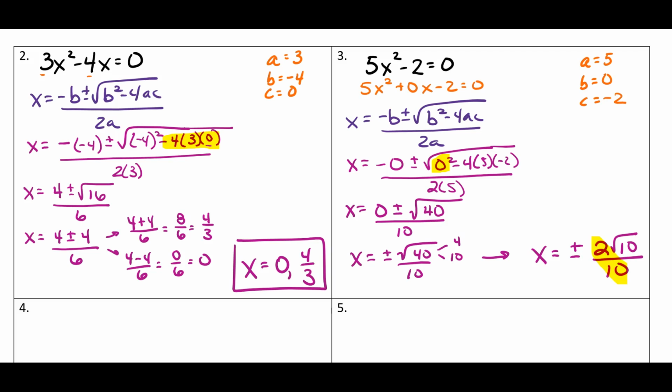So our final answer is going to be x equals plus or minus 2 divided by 10 is 1/5. So I have a 5 on bottom, and I have 1 square root of 10 on top. So I'm just going to write the square root of 10. And that would be my final answer. That answer is irrational, and we do want to leave it as a simplified radical.